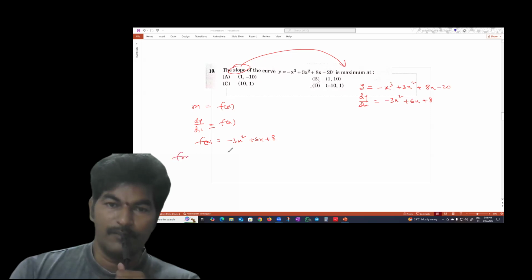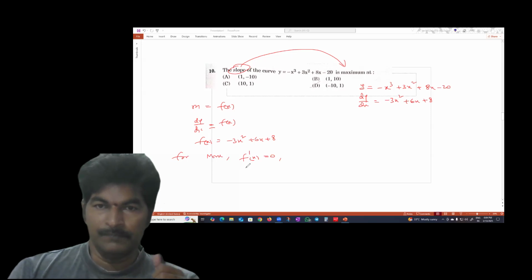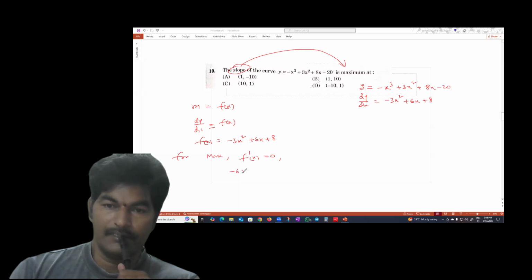For maximum, we will do f dash x equal to 0. So differentiate this again: minus 6x plus 6 is equal to 0. That means x is equal to 1.